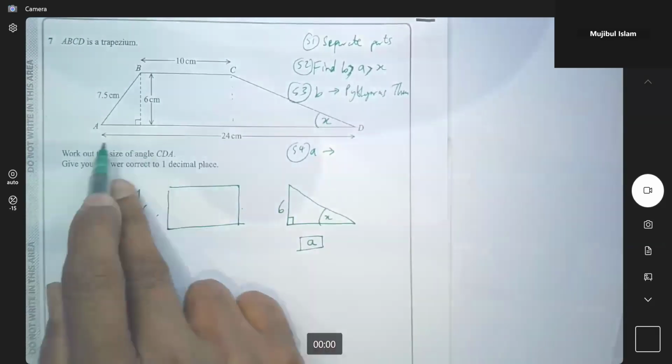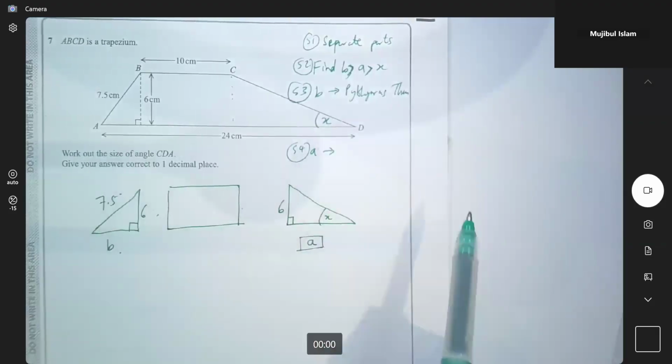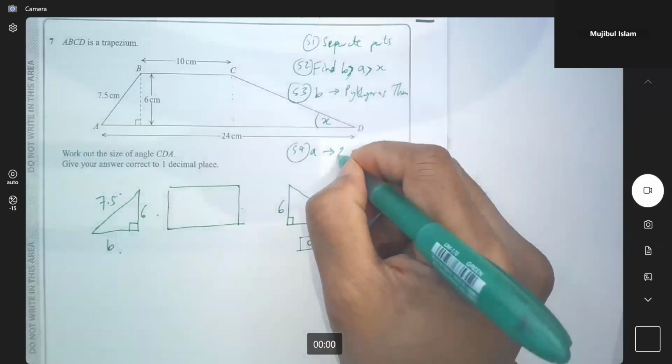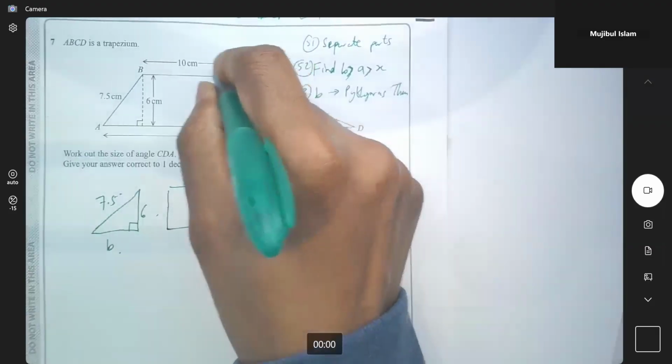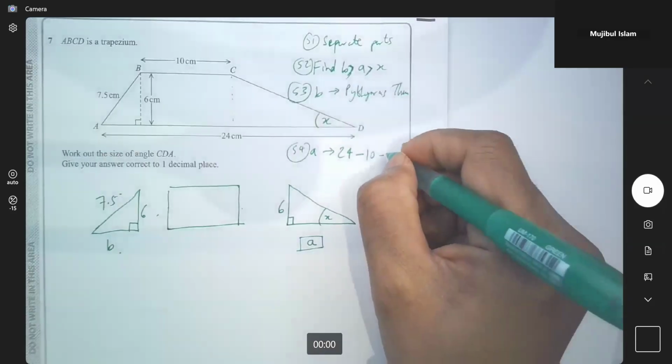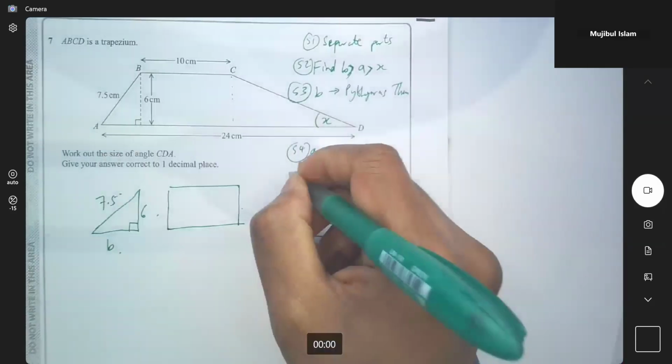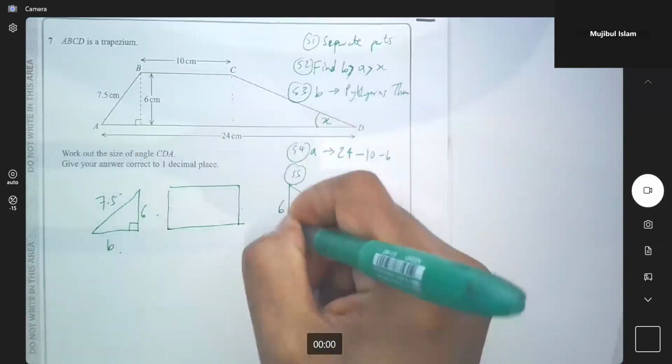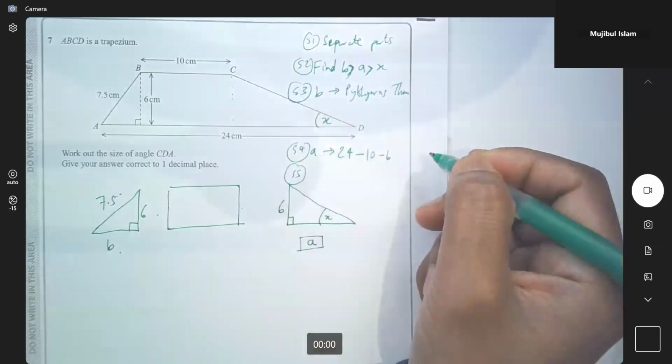A is just going to be 24, take away 10, take away whatever B is. And then step five is, this is going to be a trig question.